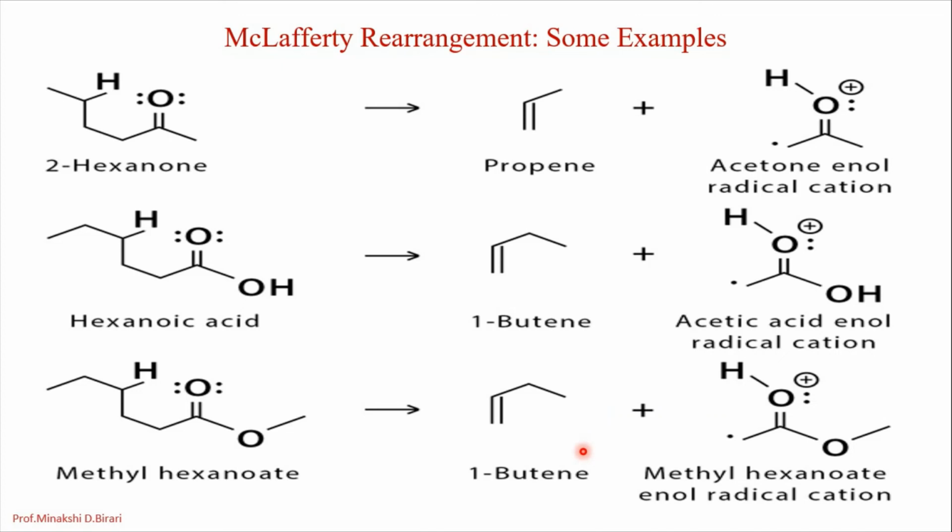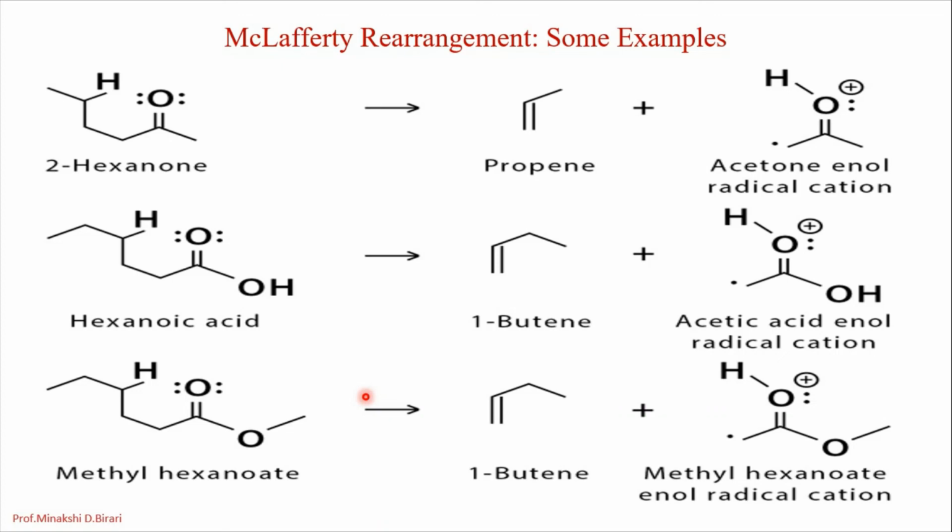So saturated alcohols and saturated amines cannot undergo McLafferty rearrangement because of lack of pi electrons, but those molecules which have pi electrons, n electrons, a gamma hydrogen, and a heteroatom can undergo McLafferty rearrangement.